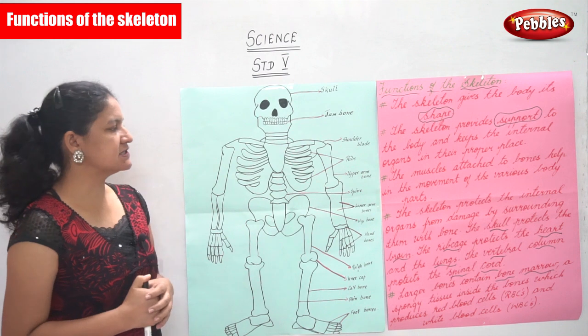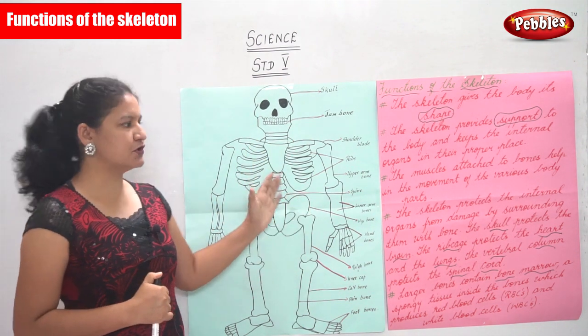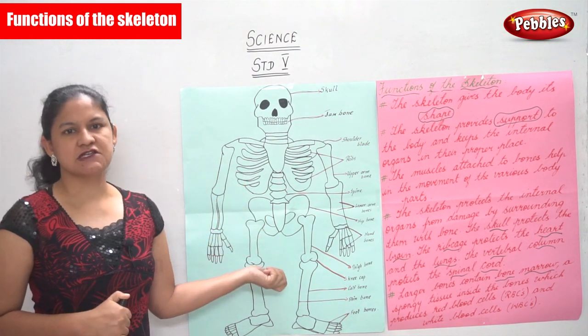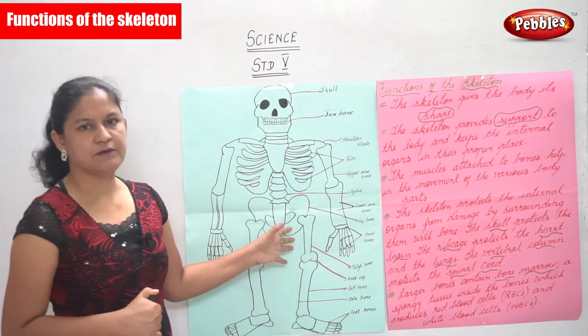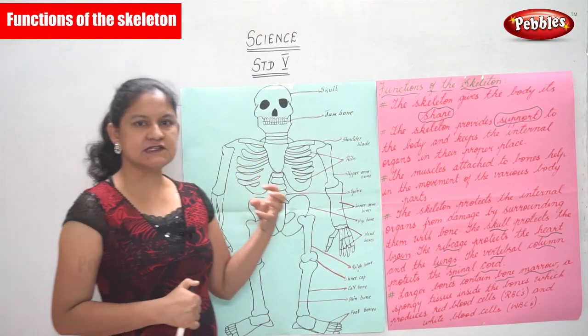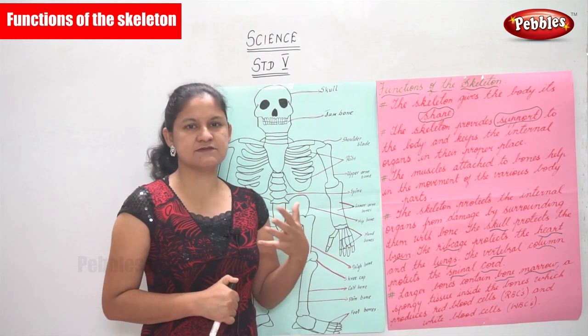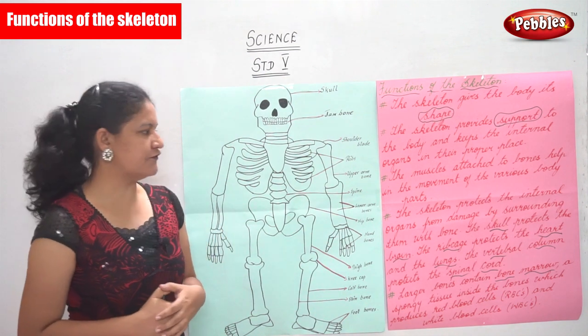The next is the purpose of the skeleton is to protect the internal organs from damage by surrounding them with bone. So the internal organs are surrounded by bones, that is by the skeleton, and hence it is safe.